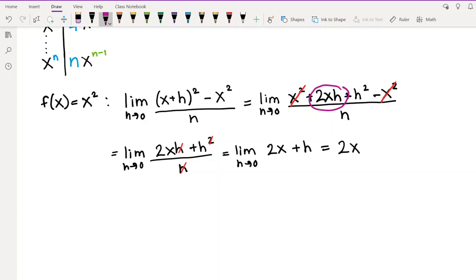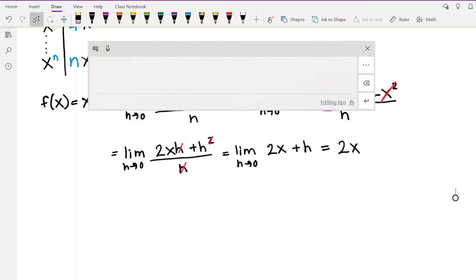Well, it's because that's the part that had exactly one h in it, right? Because the part that had no h's, the part that was just x squared, will just cancel out, and they have to cancel out because in order for this to simplify, everything has to have an h in it that we can then cancel. So anything that did not have an h in it is going to cancel out.